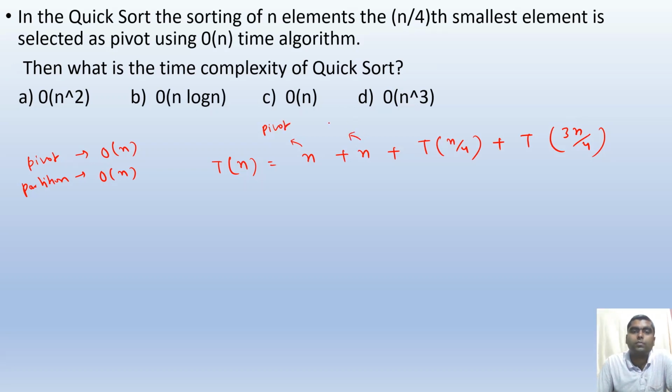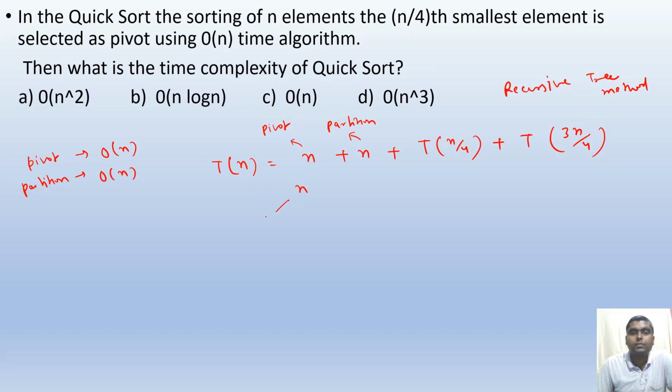And this is for what? This is partition, and this is the rest. So this can be solved with the help of what? This can be solved with the help of recursion tree, the recursive tree method. So I hope that this is clear to you.